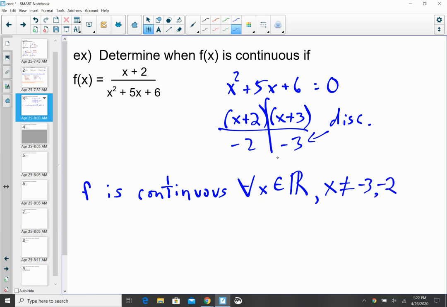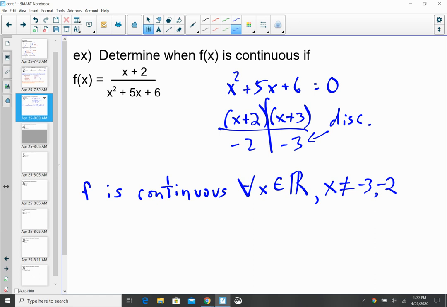I like to go in size order, that's why I put the -3 first. So f is continuous for all values of x that are real numbers, except x cannot equal -3 and -2. And I want you to start getting used to writing the crazy symbols, that's real mathematics when you're writing those symbols.